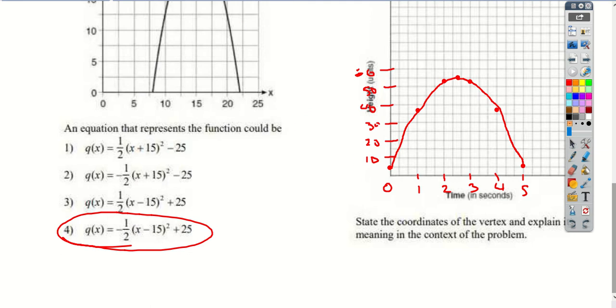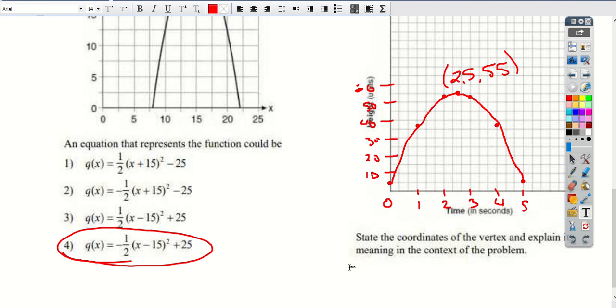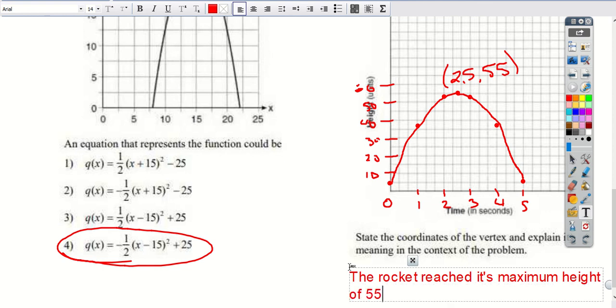So this vertex, which has the point 2.5 and 55, tells us that the rocket reached its maximum height of 55 feet after 2.5 seconds. That's essentially all it is. First one's 2.5, that's the time. Second one's the height, and that's the 55.